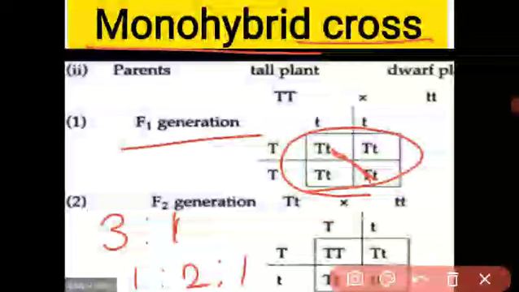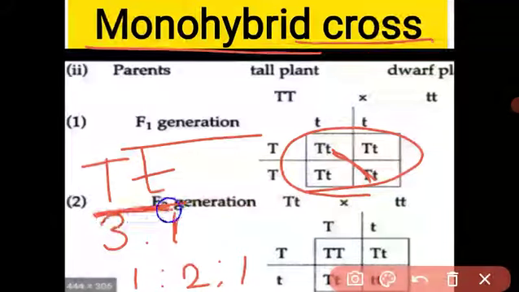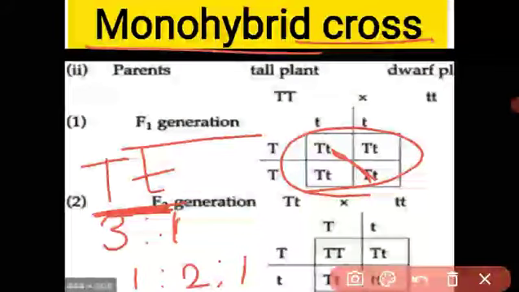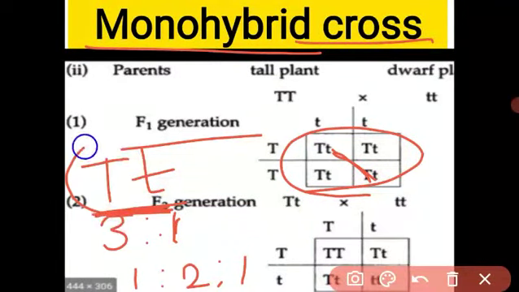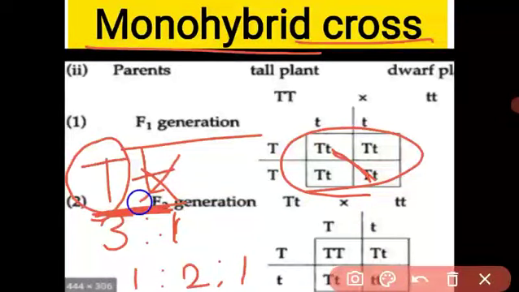This is called the law of dominance. I will repeat it again, student. Out of the pair of contrasting characters, like we have seen capital T, small t, only one is able to express, means only the dominant is able to express itself and the other remains suppressed. So this law is called the law of dominance.